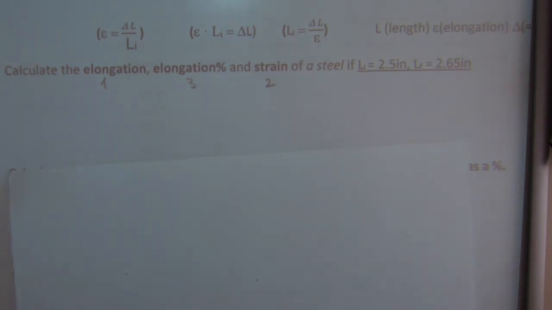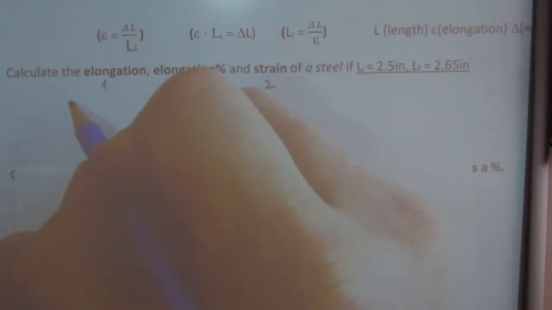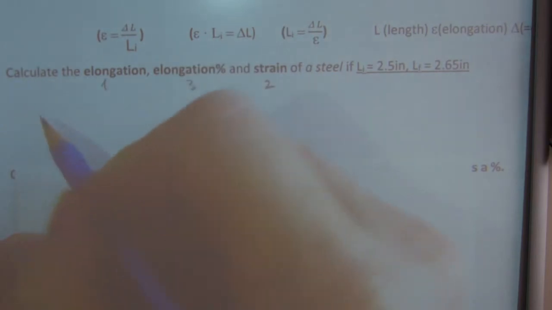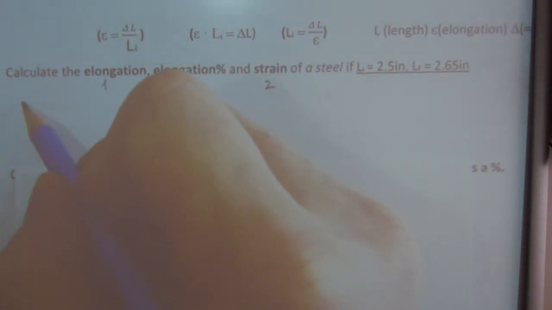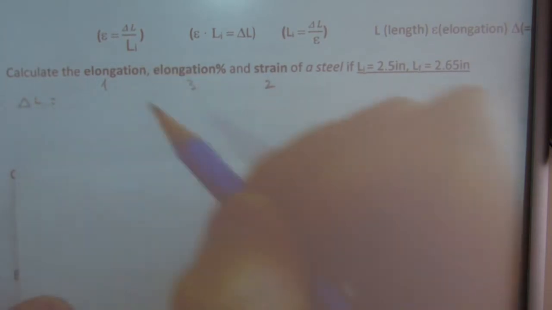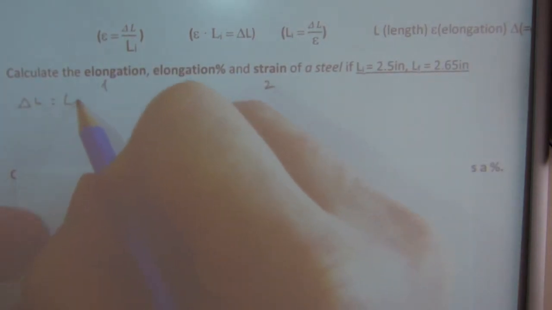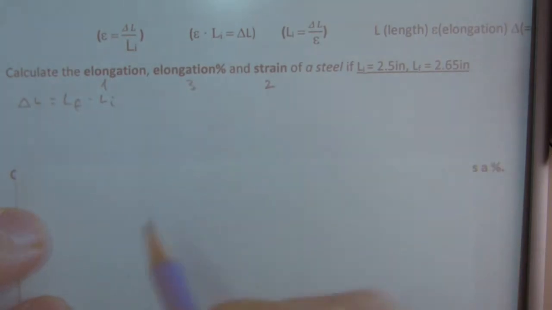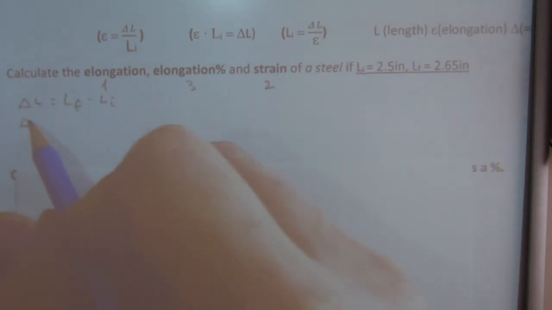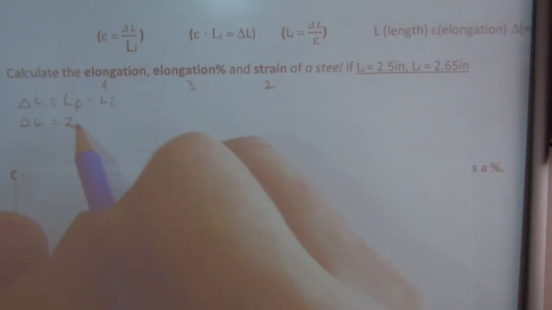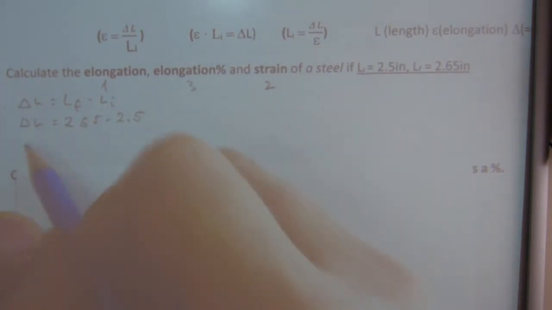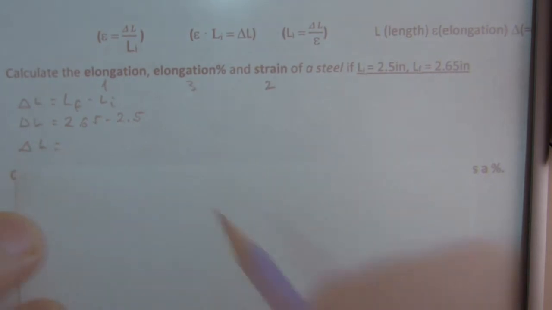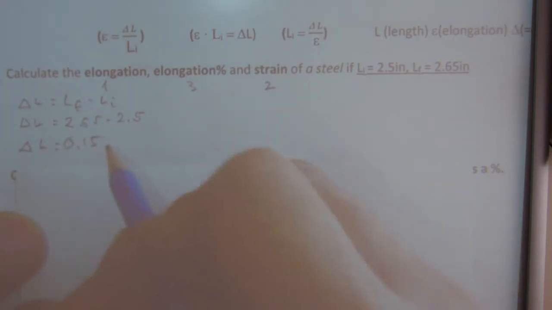Alright, first things first, elongation or deformation, fairly straightforward. You can write up your formula if you want, figure out a system for how you want to work these word problems. If you want, write up the equations. Delta L equals final length minus initial, and then on the next line delta L equals 2.65 minus 2.5, and then on the third line just write delta L equals 0.15.